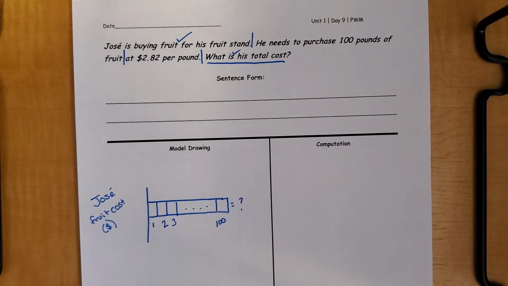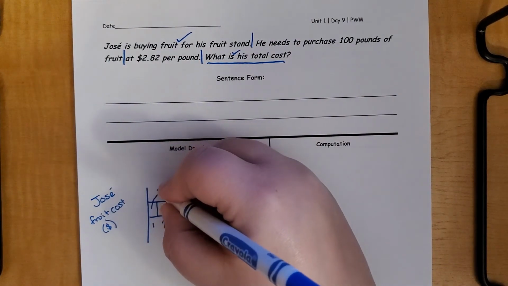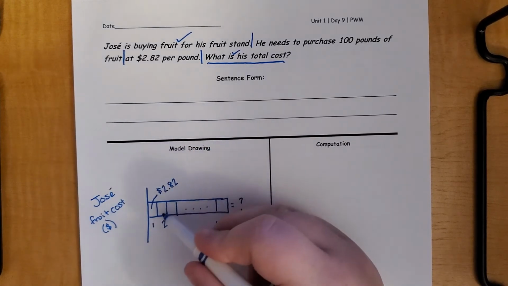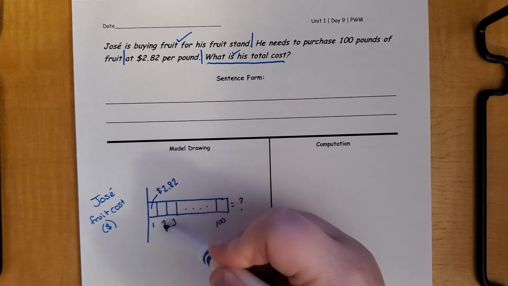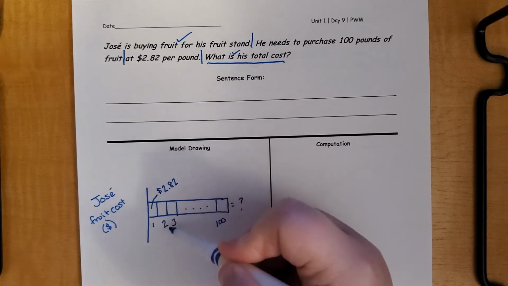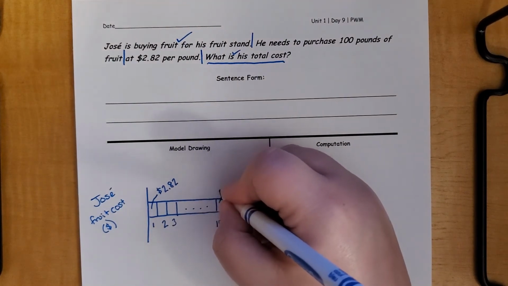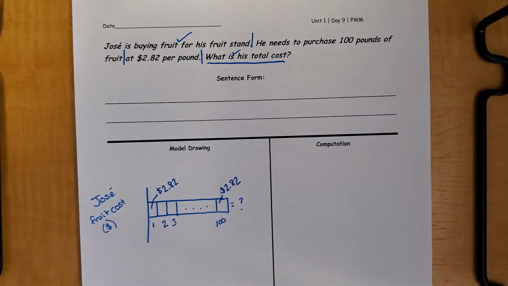If you're thinking $2.82, you are correct. I made it too small to draw it in there, so I'm just going to put it right up here. $2.82. Every single one of those boxes. When he buys the first pound, they're going to charge him that much. The second pound, they're going to charge him that much. Third pound, they're charging that much. All the way up to his 100th pound, where they're going to charge him that much. Okay?